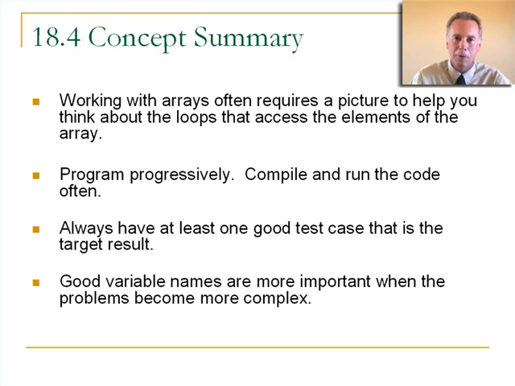But if you find that you're compiling it and you have compile errors over more than 3 or 4 lines of code, then you're not working progressively enough, meaning working in smaller steps. Always have a test case. We've talked about that in the last few segments. And use good variable names. It will make your programs that are complex appear less complex. It's as simple as that.